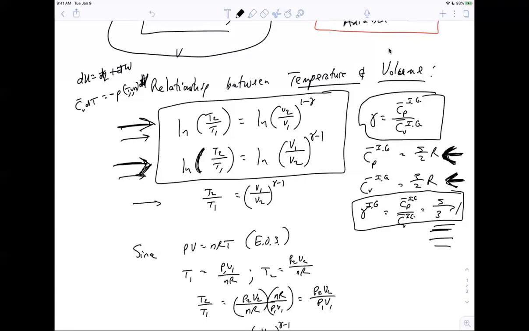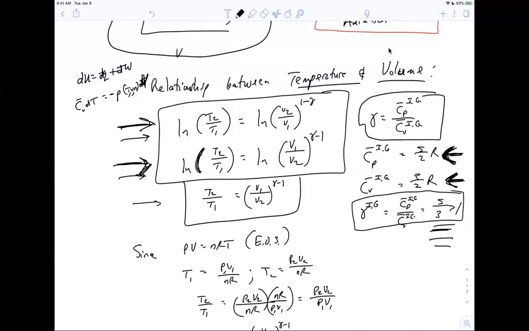So the log relationship can be written as T2/T1 is equal to (V1/V2) raised to the gamma minus 1. That gives us this relationship between the temperatures and the volumes.